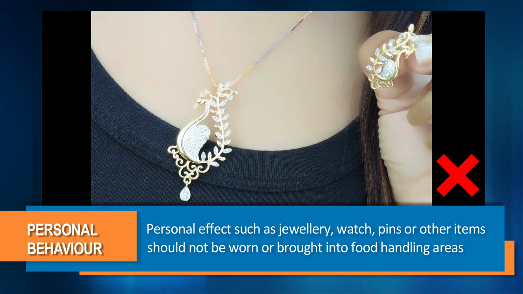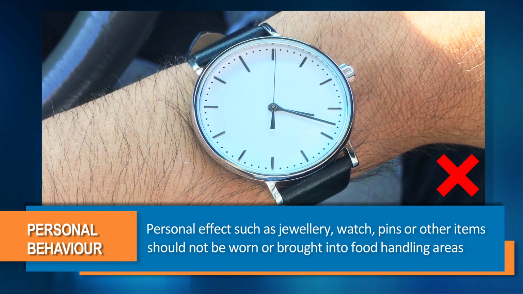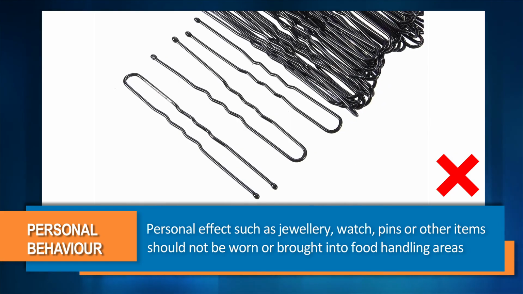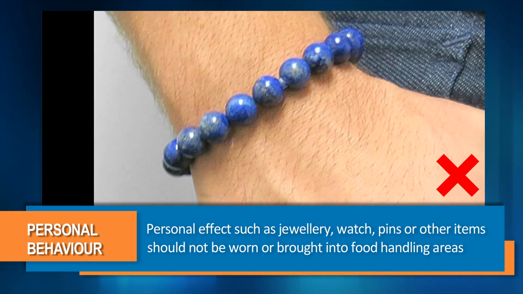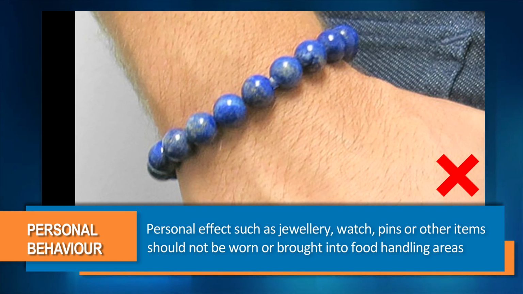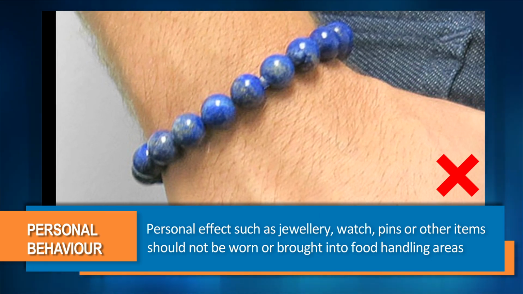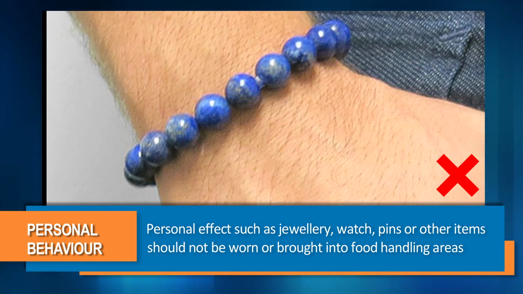Personal effects such as jewelry, watch, pins, or other items should not be worn or brought into food handling areas as they pose threat to the safety and suitability of food.